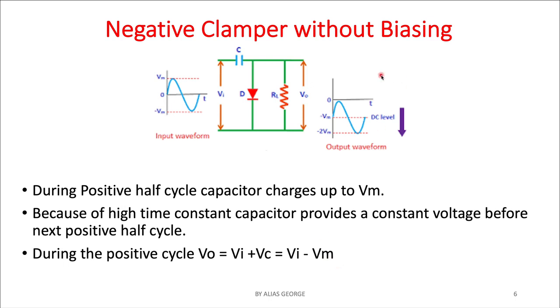Using that, we plotted it, and we observe that this is the input sine wave, and this is the output. Here we can see that there is a shift down, and we have clamped the Vm to this input waveform, so it gets shifted downwards. That is the negative clamper without biasing.